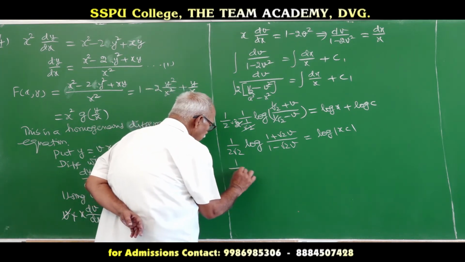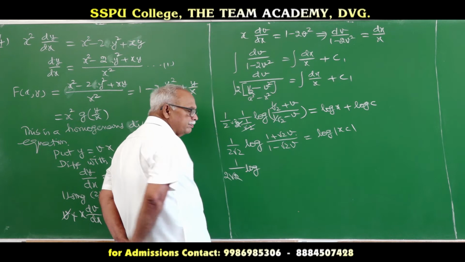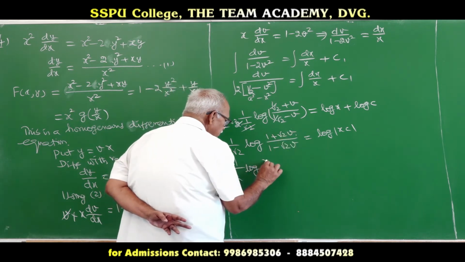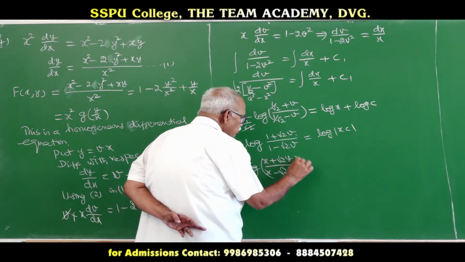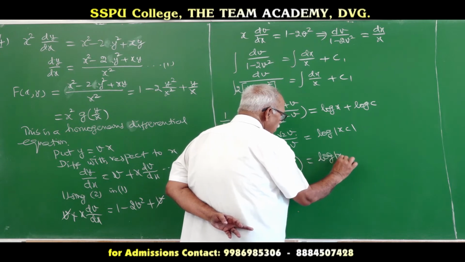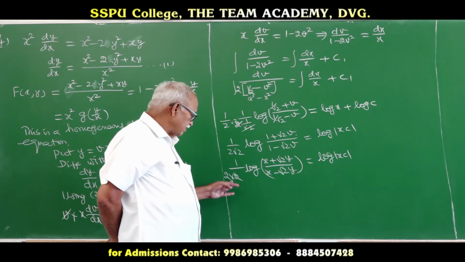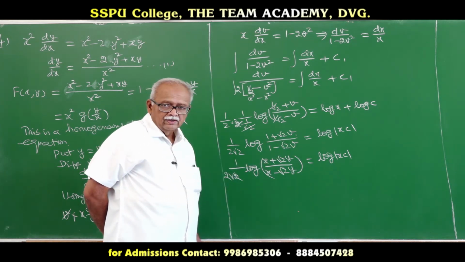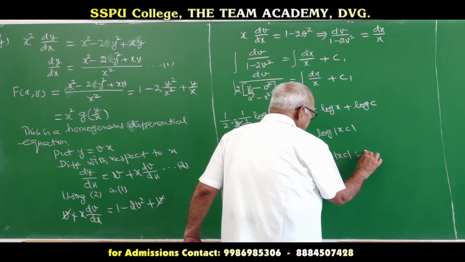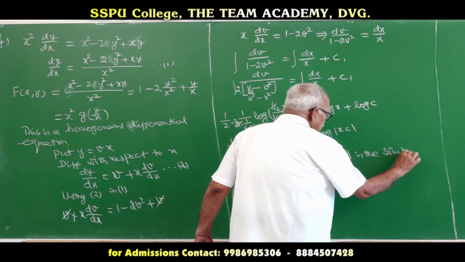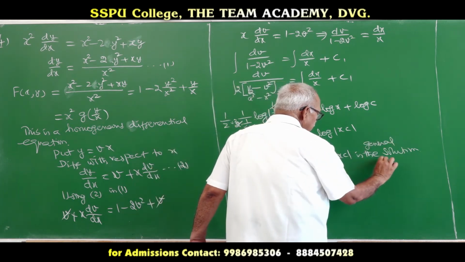So 1 by 2 root 2 log, with v equal to y by x, becomes x plus root 2 y divided by x minus root 2 y, is equal to log xc. If we remove the 2 root 2, it will become an irrational term here, so we can leave it as it is. It is also a general solution.